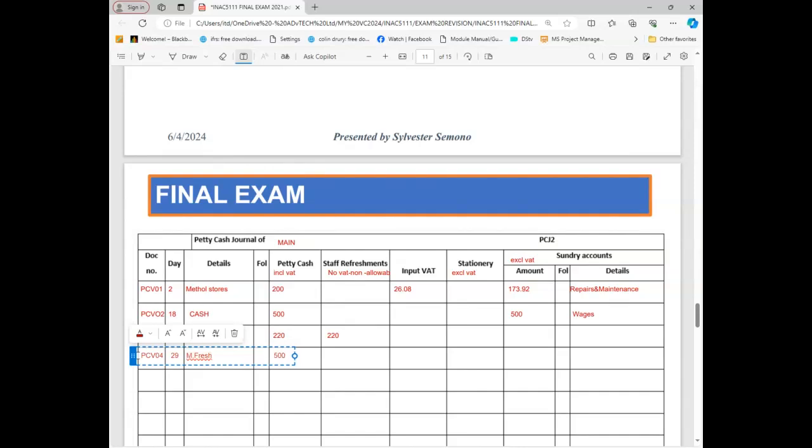All in all, it was 500. Remember, they said 300 was for refreshments, so I'm going to put 300 under refreshment, no VAT. Can you see now? Meaning the remaining 200 was for drawings. Remember, drawings in the form of cash is also not VATable. Because 200 plus 300 is 500, thereafter we just write drawings here.